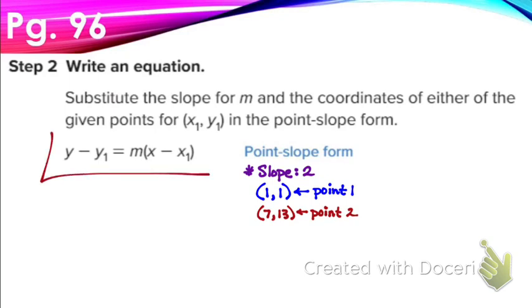Here's my point slope form. What do I keep from this form? What am I not substituting into? Which pieces will stay the same? From what I have a red box around, what will stay the same? Y will stay the same. What else? The x will stay the same.